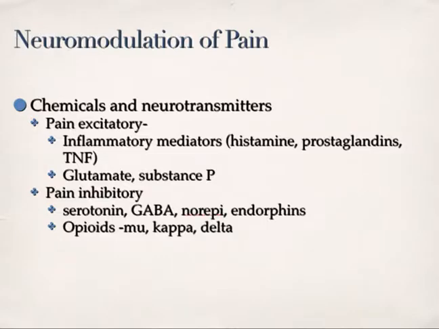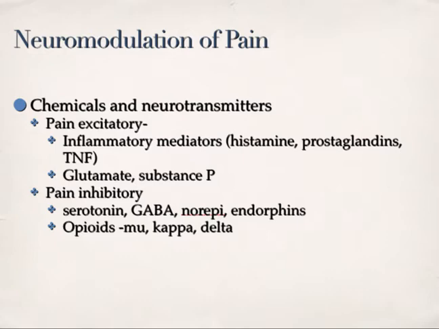Obviously, there are different chemicals and neurotransmitters that affect the perception of pain. Sometimes you'll hear about ones that excite the pain response or some that inhibit it. These are more of the common ones. There are multiple ones that obviously impact pain or excite that pain response. But all those inflammatory mediators that we'll talk about in the immune system, like histamine, prostaglandins, tumor necrosis factor, these are all inflammatory mediators.